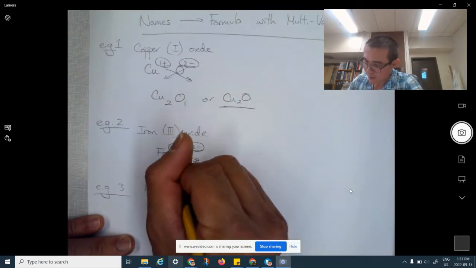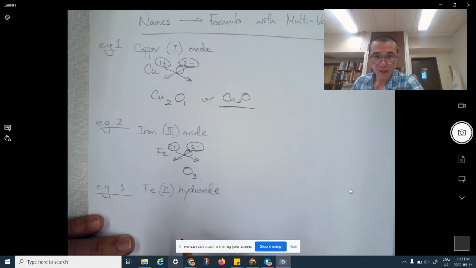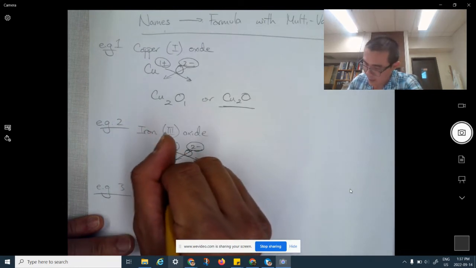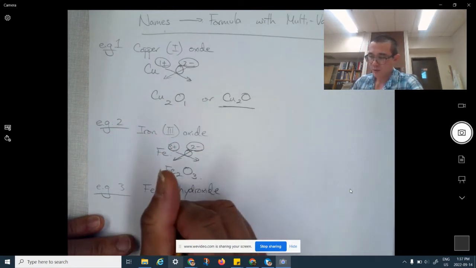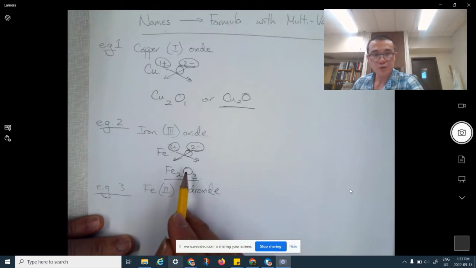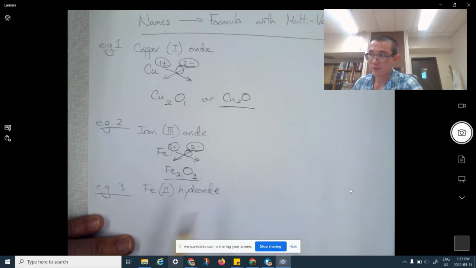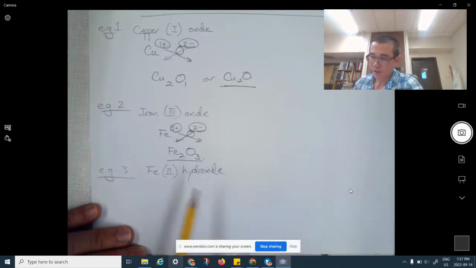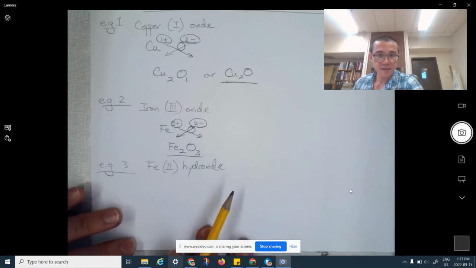The 2 minus I give to the iron, so it's Fe2. So it should be Fe2O3. By the way, that's also the formula for rust, the regular reddish iron rust that you see.